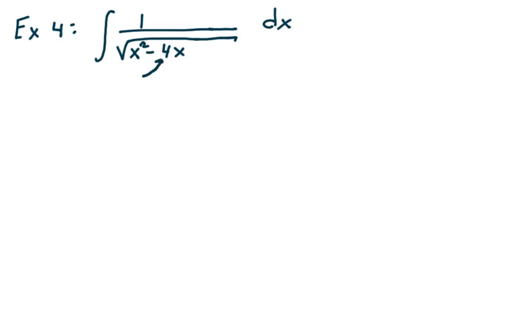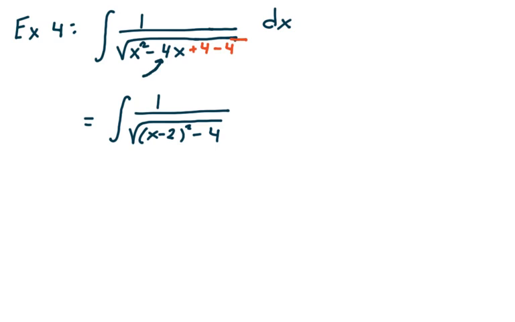What is half of 4? Half of 4 is 2. And then 2 squared is 4. And so what I'm going to do is I'm going to add 4 and then subtract 4 accordingly. Because I want you to watch what this turns into. If I add 4 and subtract 4, that's just adding 0, okay? And so this is the integral of 1 over the square root of x minus 2 squared minus 4 dx.